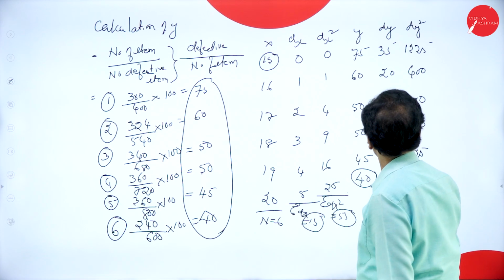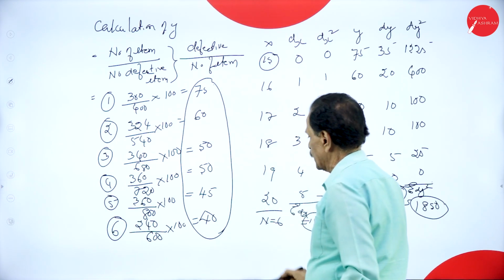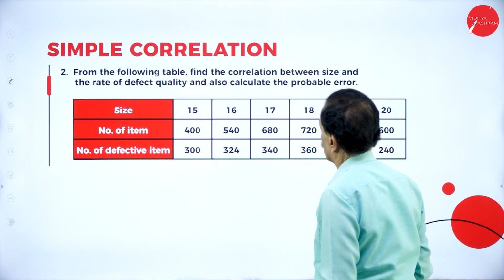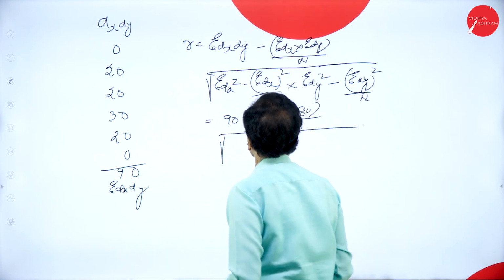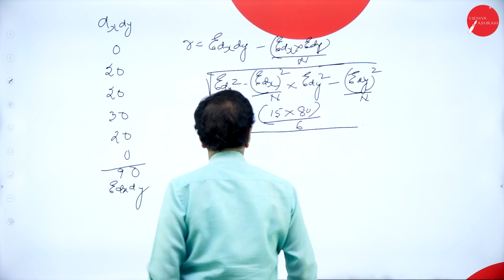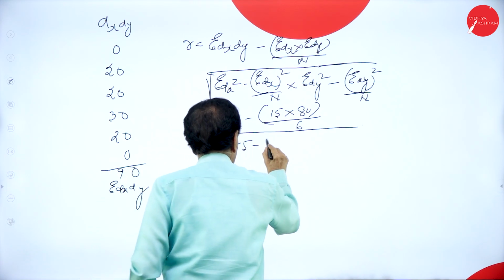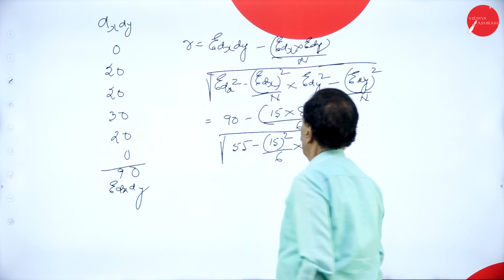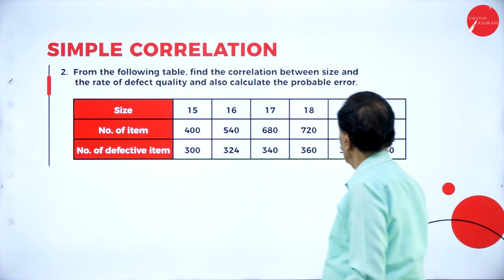Is 80 divided by number of items, here number of items is 1, 2, 3, 4, 5, 6. 6 divided by root of sigma dx square 55 minus sigma dx is 15 whole square divided by 6 into what is sigma dy square? 1850.